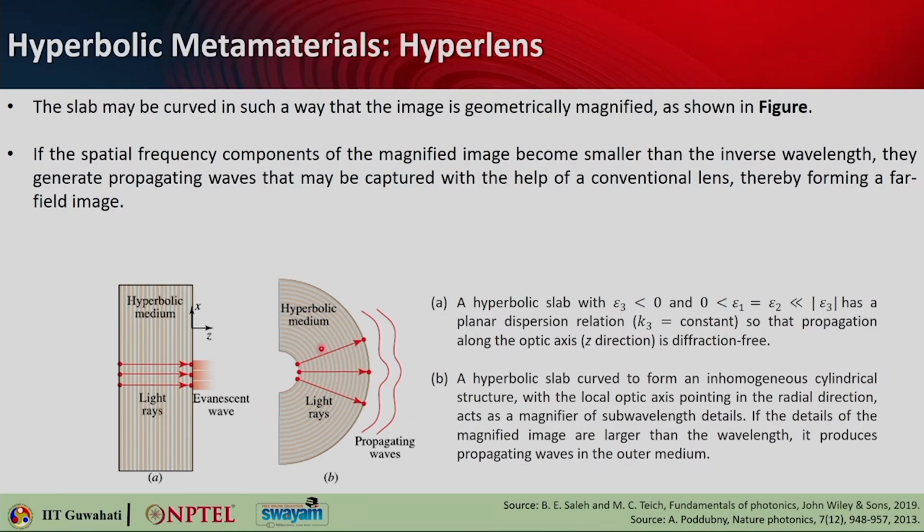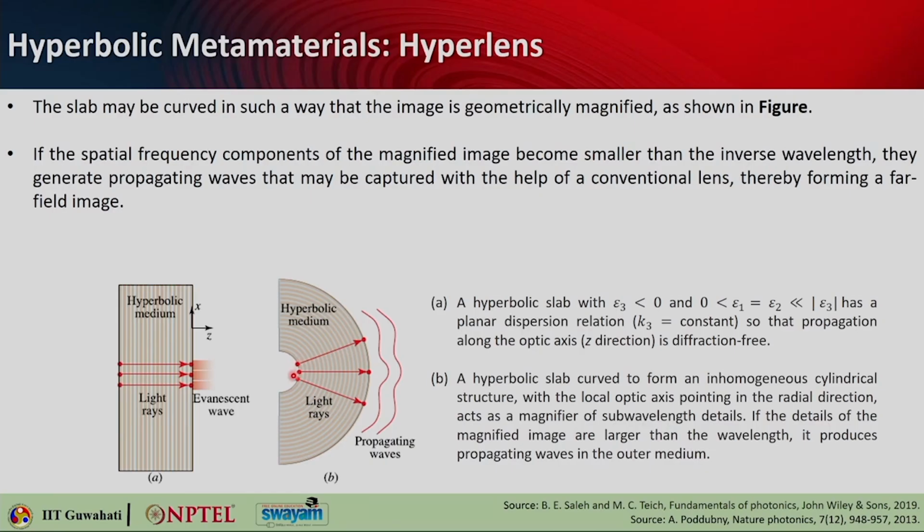Now, when you make the hyperbolic slab curved into something like this, it forms an inhomogeneous cylindrical structure with the local optic axis pointing in the radial direction. So, this acts as a magnifier of the sub-wavelength details.